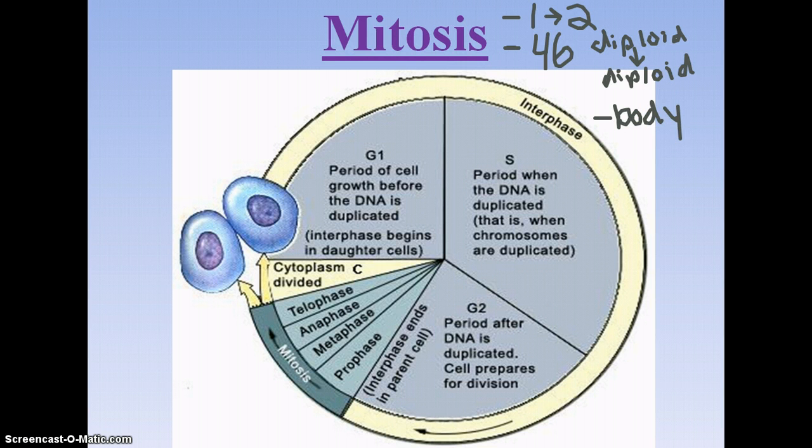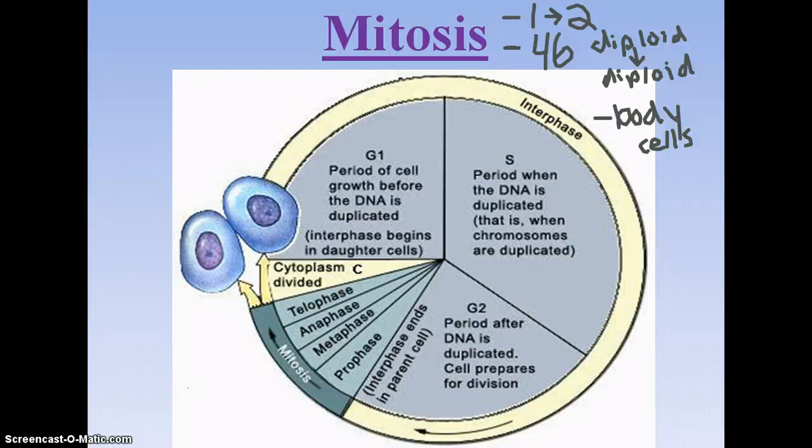So if you get a cut on your arm and your cells need to reproduce in order to fix that wound, the cells in your skin are going to go through mitosis. Let's say your stomach lining needs replaced, so the cells in your stomach lining are going to reproduce in order to replicate that stomach lining. They're going to go through mitosis.